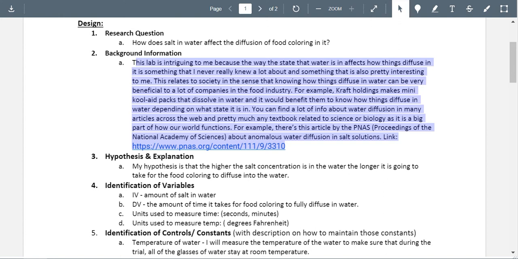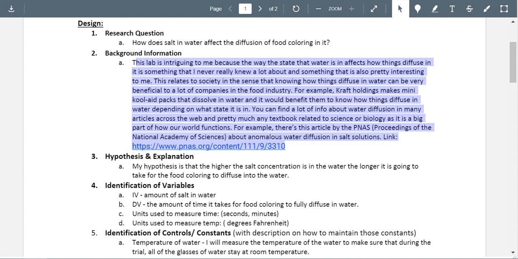This lab is intriguing to me because the way the state that water is in affects how things diffuse in it is something I never really knew a lot about, and something that is also pretty interesting to me. So again, please rephrase that and try to just focus the state. I'm not sure what the state that water is in it affects how things diffuse in it. So it sounds like you're curious about diffusion, but just focus on that there.